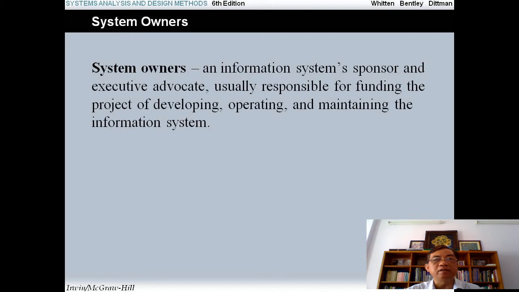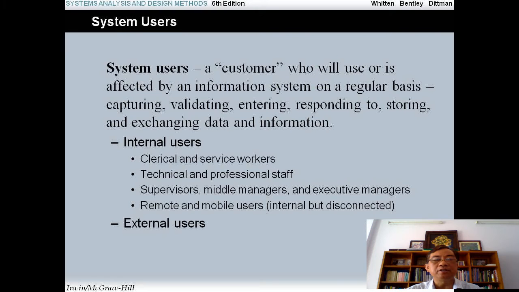System owners are information system sponsors, executive advocates usually responsible for funding the project of developing, operating, and maintaining the information system. System users are customers who will use or are affected by an information system on a regular basis, capturing, validating, entering, responding, storing, and exchanging data and information.